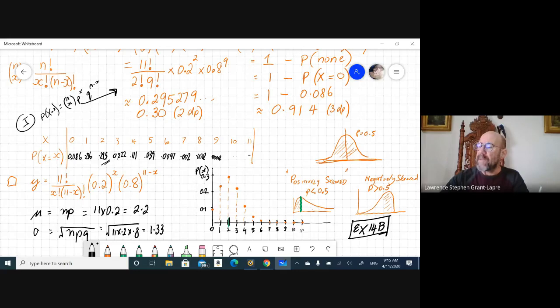We've done the graph, and we've done a little bit of revision of the mean and standard deviation, np and the square root of npq. All right. Good luck.